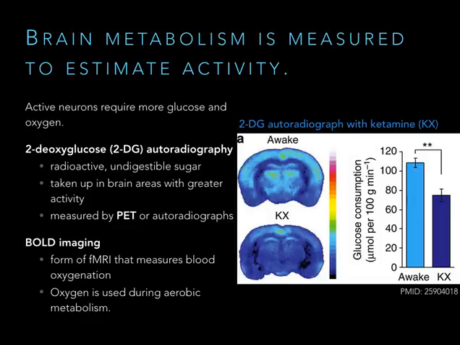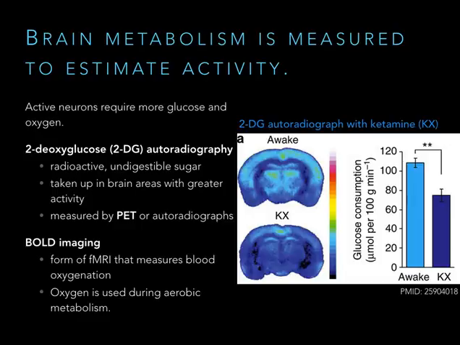And then we can measure this radioactivity either with PET, which is another form of brain imaging, or we can simply take the brain out and look for radiation, and that's what we're seeing in this autoradiograph. So here's a couple of different brain slices. One's from an awake mouse, well, a mouse that used to be awake, and then a mouse that was under anesthesia with ketamine.